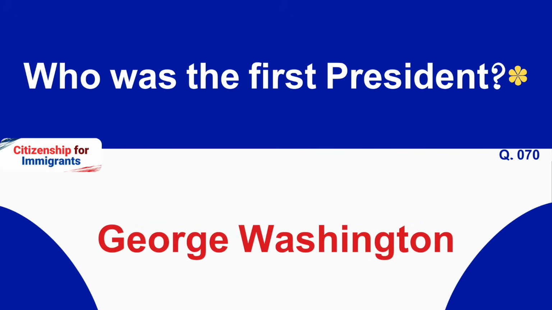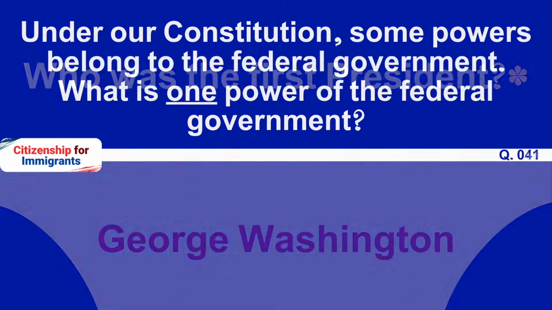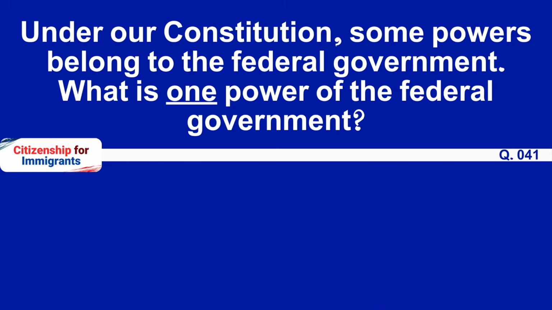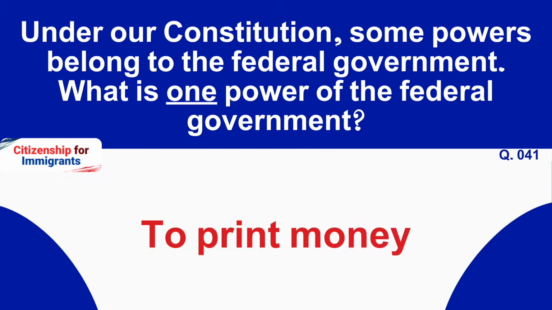George Washington. Under our Constitution, some powers belong to the federal government. What is one power of the federal government? To print money.